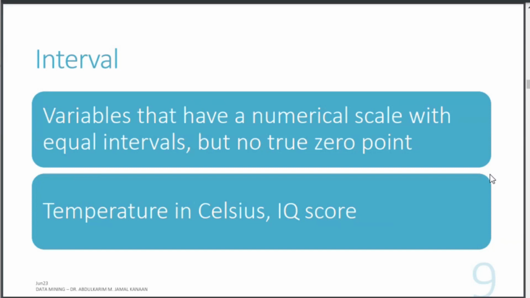For example, if I'm talking about the compass, what does it mean if I tell you the compass direction degree is 0? It doesn't mean true 0.